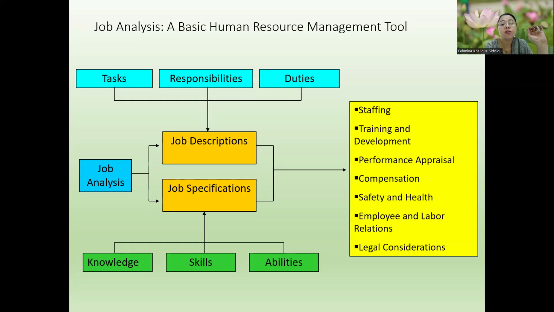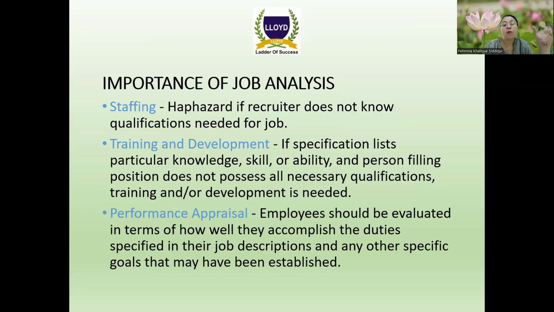These are all the functions of human resource management for which job analysis is done. So moving ahead, why is job analysis important for organizations, why should organizations invest in job analysis before going ahead with recruitment and selection?